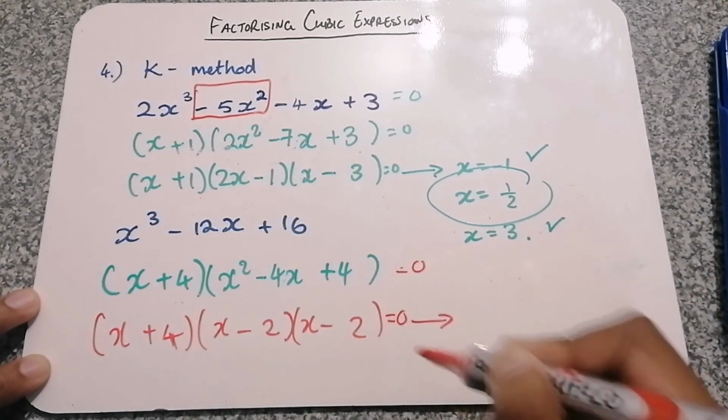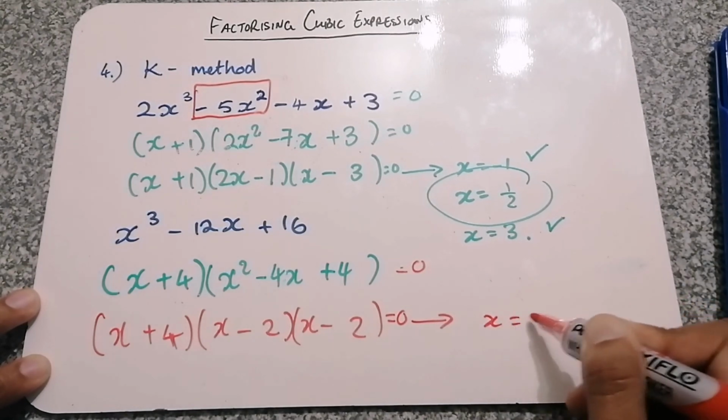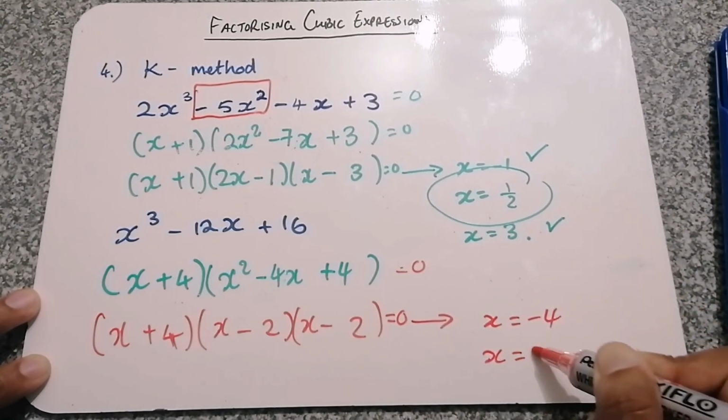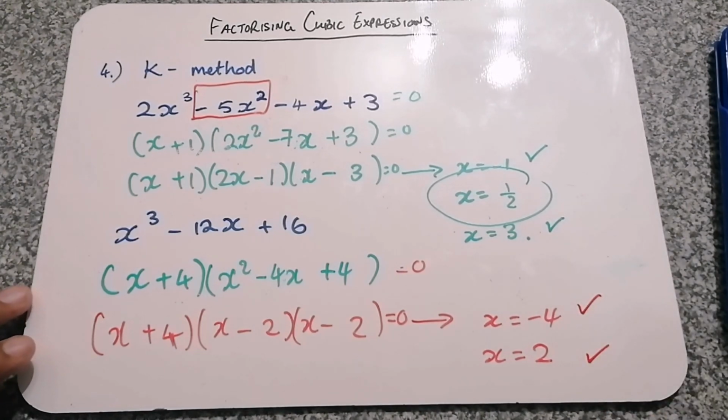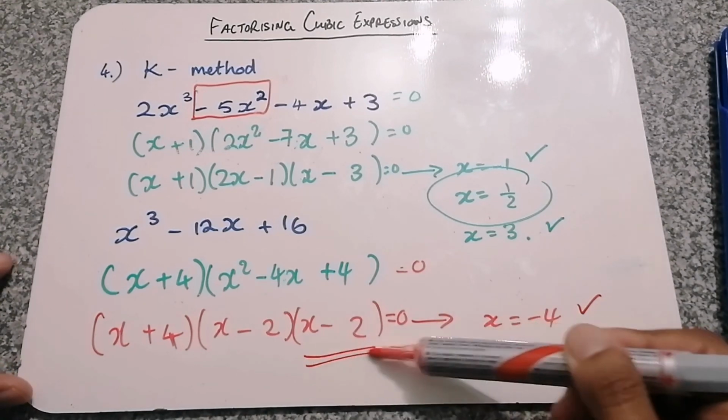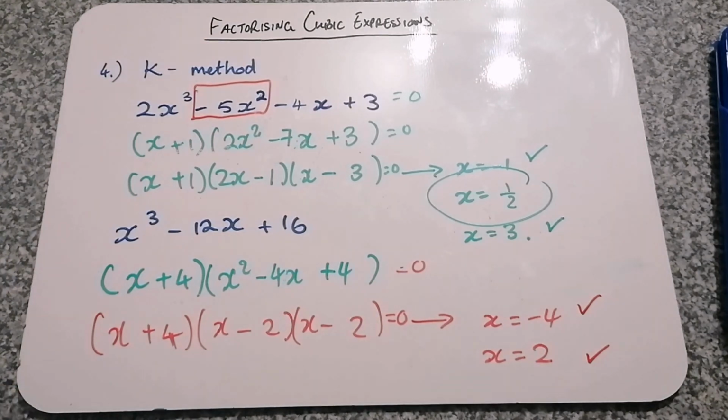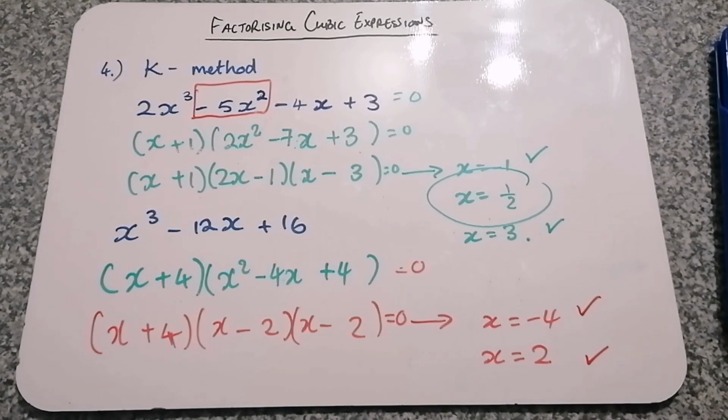If this equation was equal to 0, x is equal to negative 4 and x is equal to 2. Both these answers you could have found using the calculator, and using the first method that we learned in the beginning, you could have actually just figured out this second one. But I just thought I'd show you guys all 4 methods so you have multiple tools in your arsenal to factorize these cubic expressions.